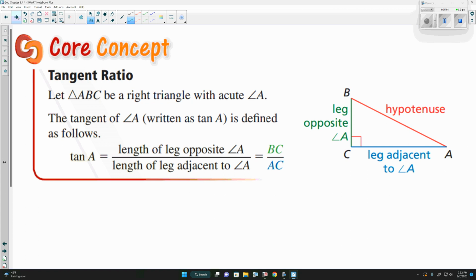So tangent of a given angle is opposite over adjacent. So sine is opposite over hypotenuse, cosine is adjacent over hypotenuse, and tangent is opposite over adjacent.